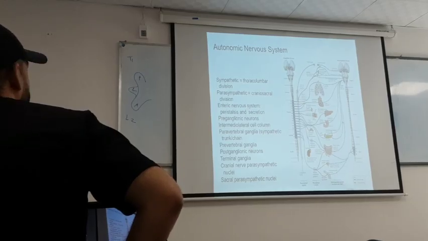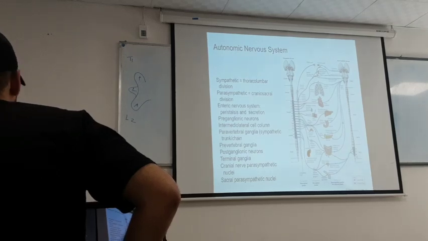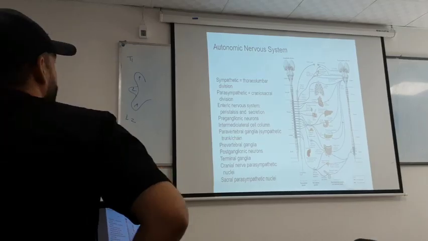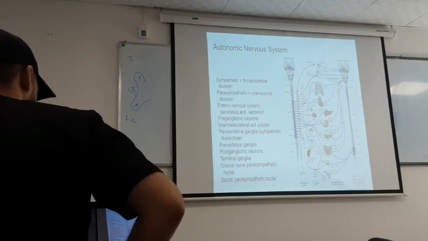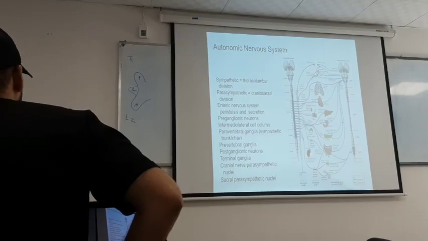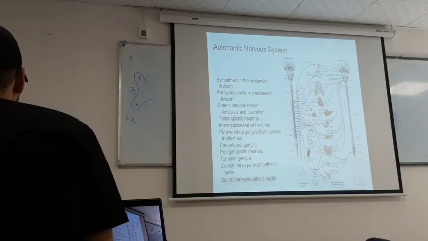For parasympathetic, two parts. Parasympathetic S2, S3, S4 in the spinal cord, and some of the cranial nerves: 3, 7, 9, 10. 3 is oculomotor. 7 is facial. 9 is glossopharyngeal. 10 is vagus.